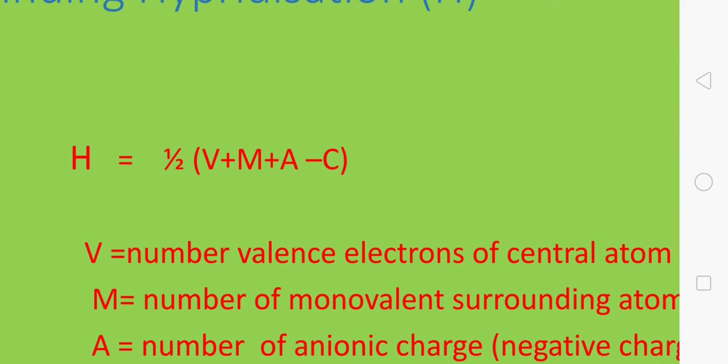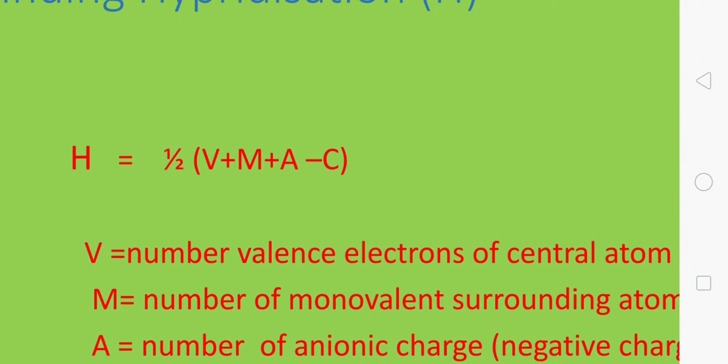M is the number of monovalent atoms. You must keep in mind, the atoms which can make only one bond with the central atom. So the number of monovalent atoms is taken here. Then A is the charge of anion, and C is the charge of cation.